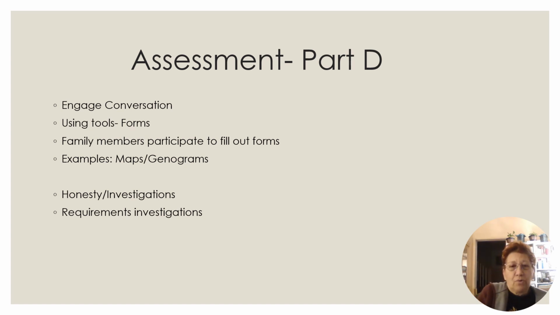So what is a map or a genogram? If the person decides they want to use circles, there's a lot of circles on a page, right? And they could be all different categories. The person puts their name in the middle, and then there'll be lines and branches that go out all around, and there'll be other circles, and maybe one of the circles could be school, another one could be home, maybe another one could be friends or activities, or holidays, or things that they like to do.